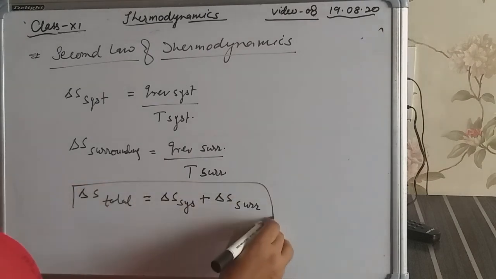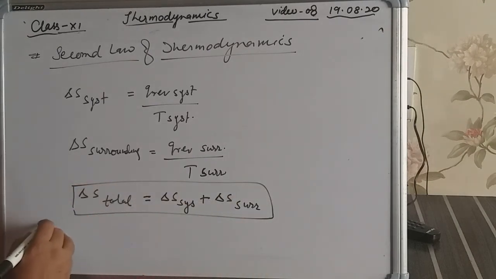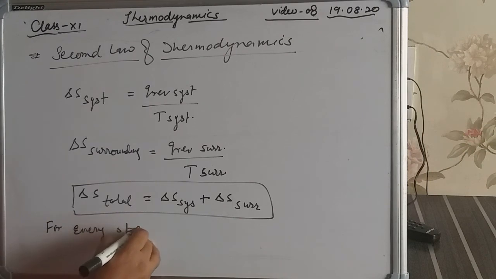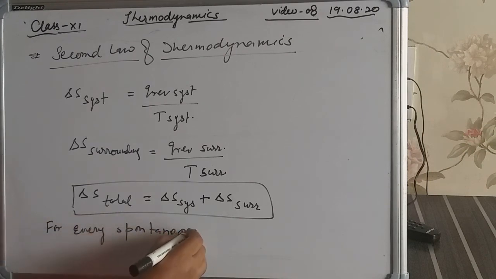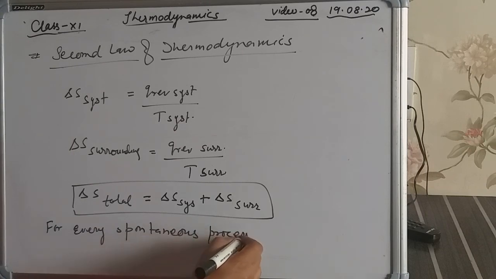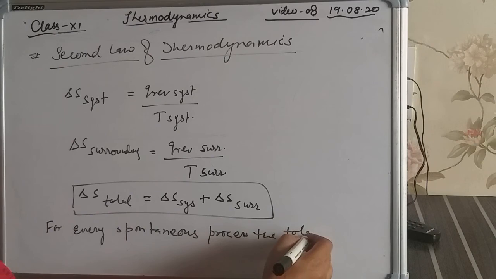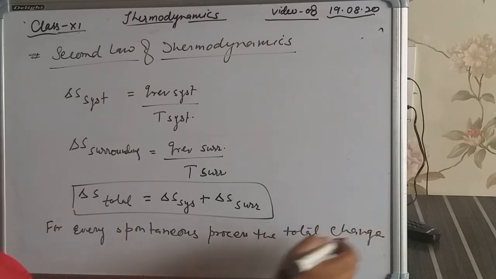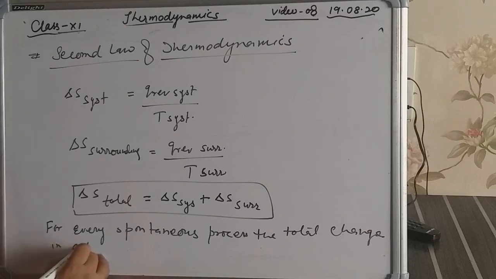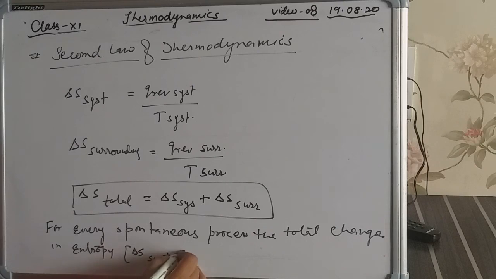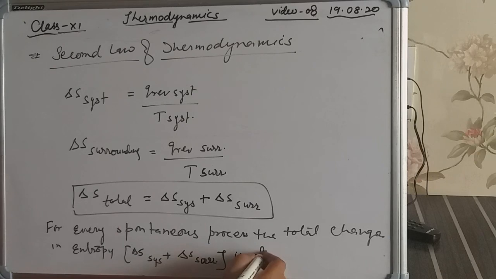So on this basis, it is clear that for every spontaneous process, the total change in entropy, which is the change in entropy of the system plus the change in entropy of the surroundings, is always positive.